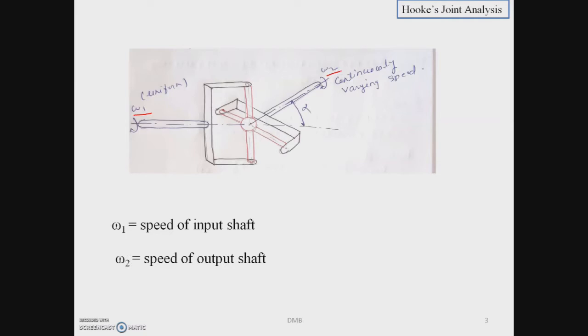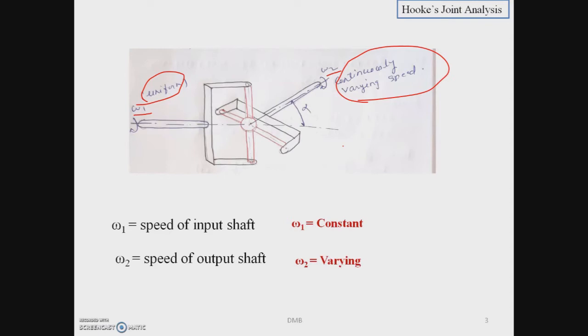Now, the characteristic of single Hooke's joint is that the speed of input shaft is uniform, that is, input shaft rotates with uniform speed, but the output shaft rotates with continuously varying speed. So omega 1 is constant and omega 2 is varying continuously.